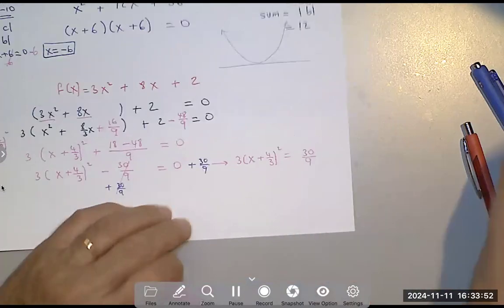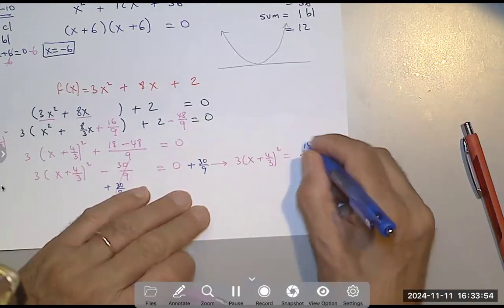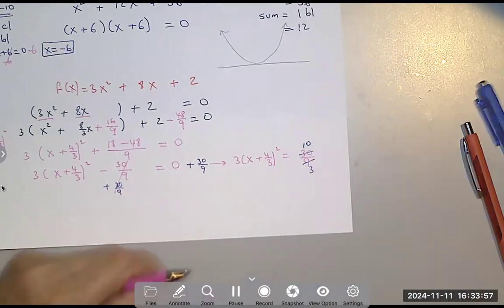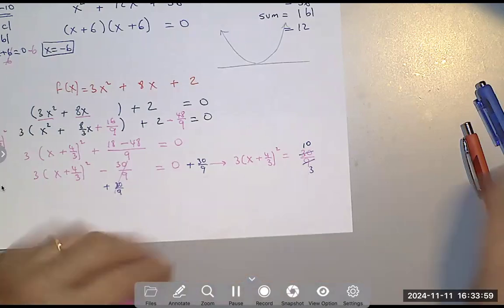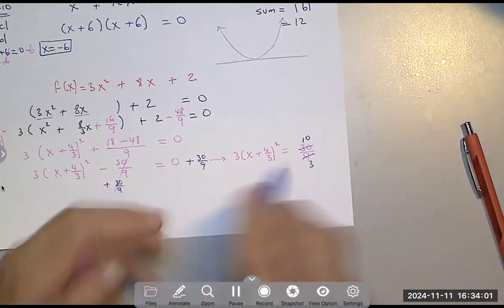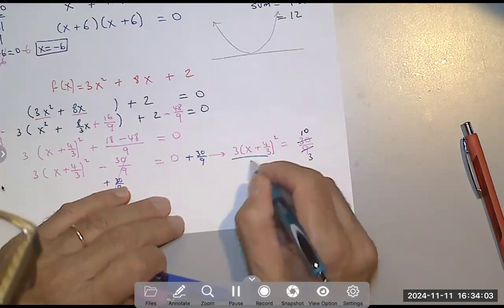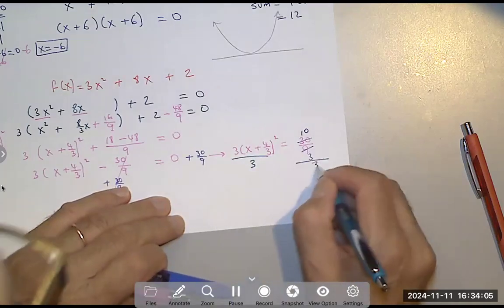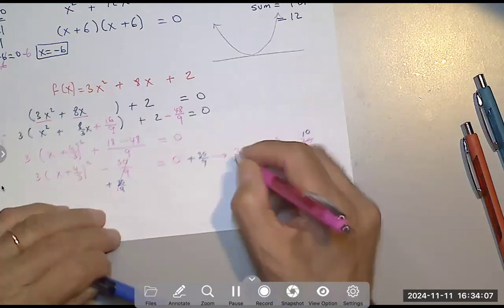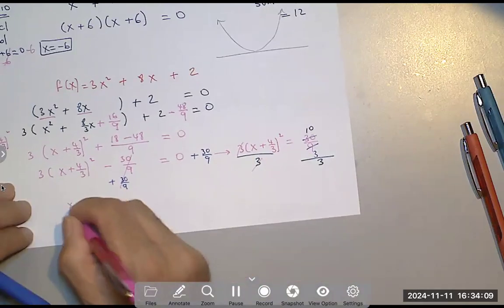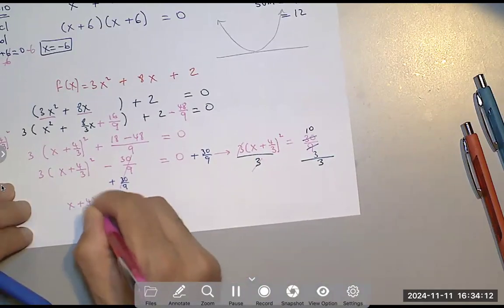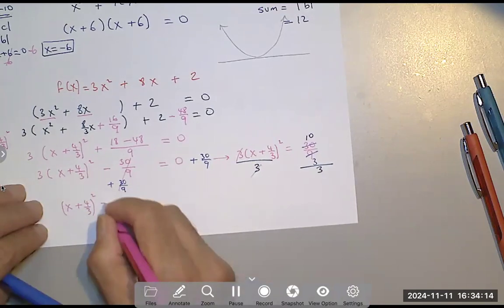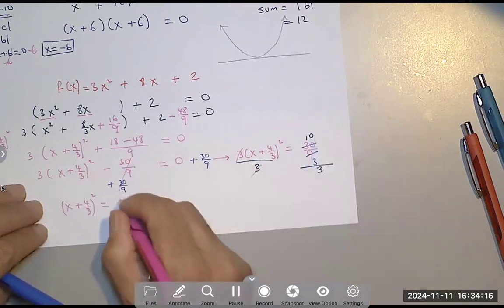I see that 30/9 can be simplified as 10/3. And then I can divide both sides by 3 again, right? So divide this by 3 and divide this by 3. Those two would cancel, and I get x plus 4/3 squared equals 10/9.